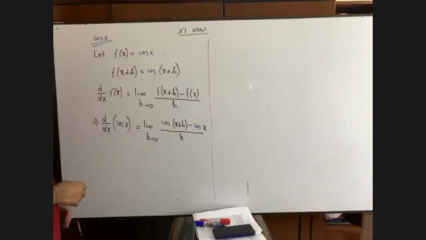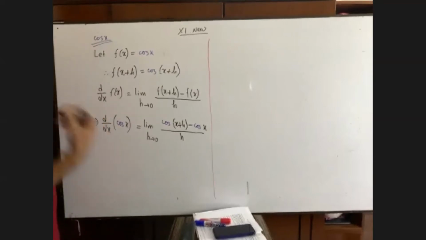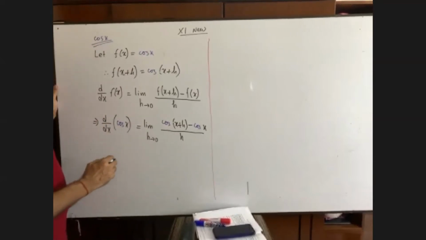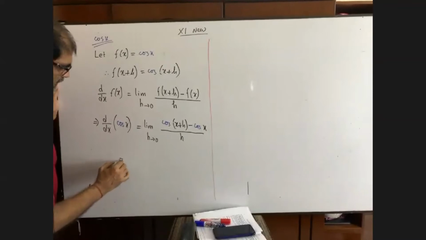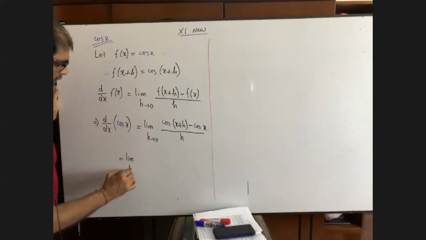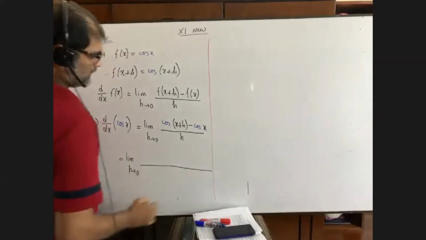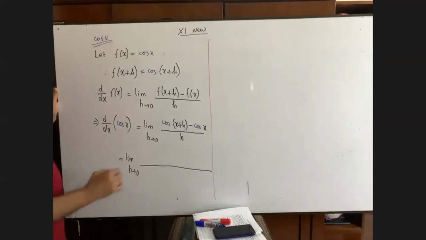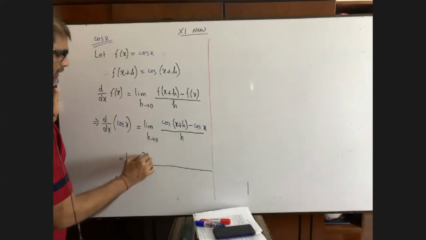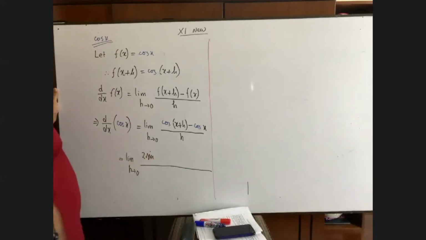Cos d minus cos c. Can you please tell me what is the formula of cos d minus cos c? Write down limit h tends to 0. Cos d minus cos c equals 2 sine c plus d by 2 into sine c minus d by 2.